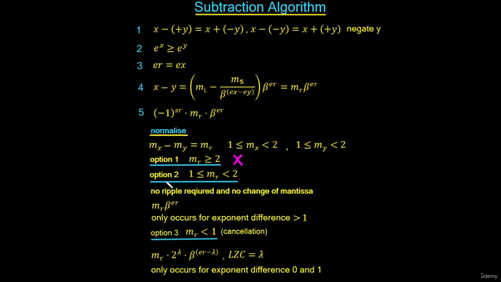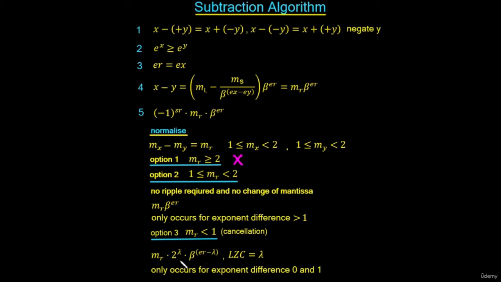So for subtraction, we can see that if the value of MR is less than 1, we get the cancellation, and if we get the cancellation, it means that we're going to have to change the exponent value. So the exponent value gets changed by this value of lambda, which is the leading zero count, and also the value for the mantissa increases by that same factor of the leading zero count.